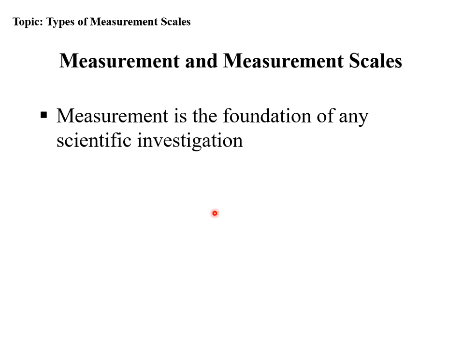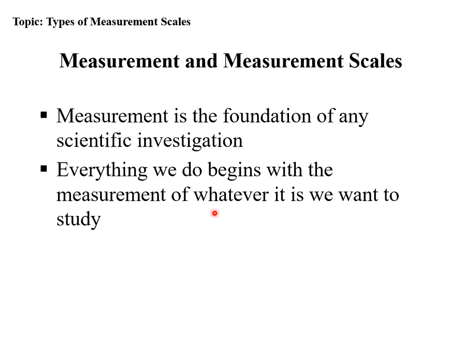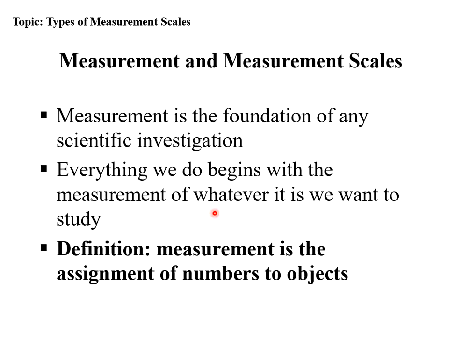Measurement is the foundation of any scientific investigation. Everything we do begins with the measurement of whatever it is we want to study. Thus, if we want to define measurement, it is the assignment of numbers to objects.